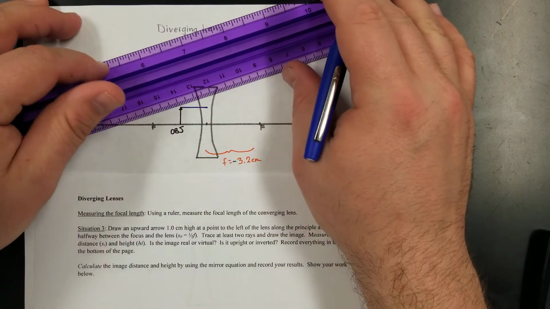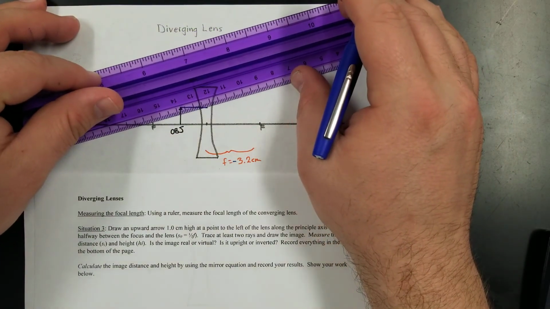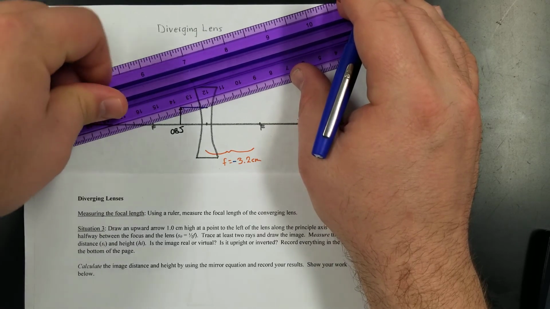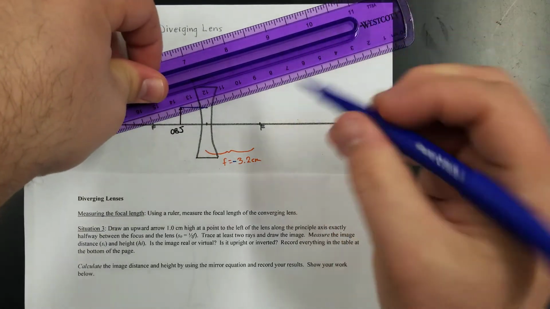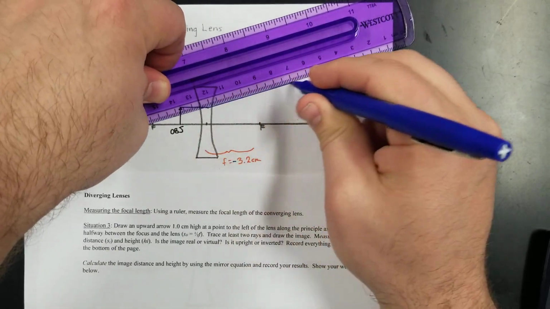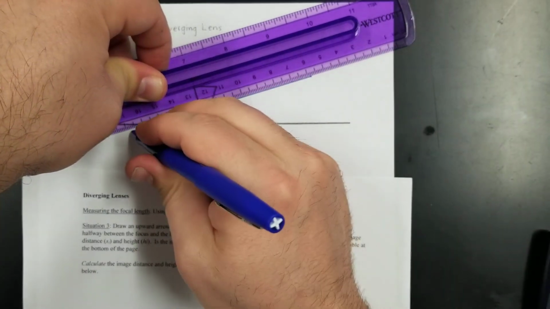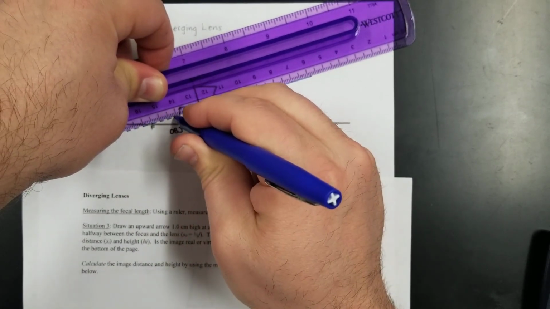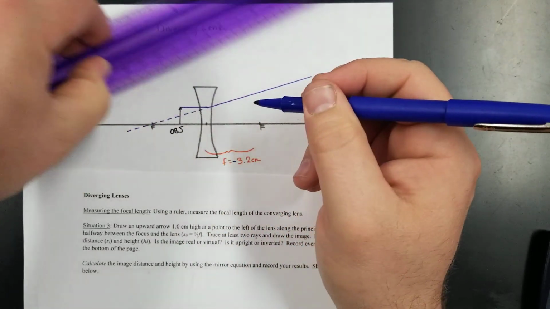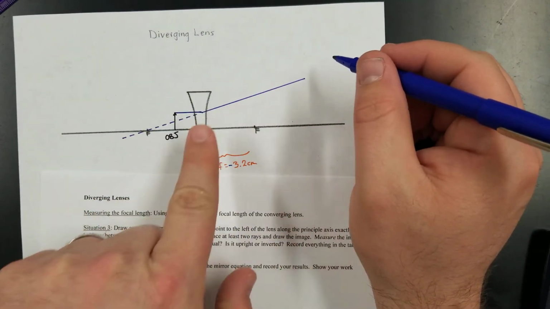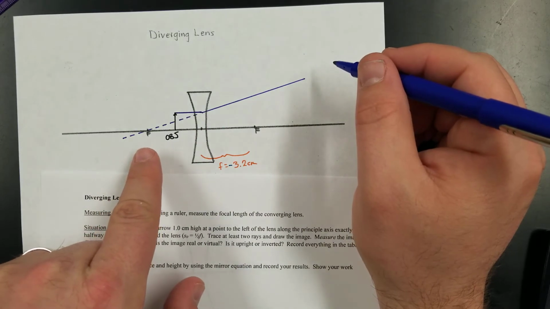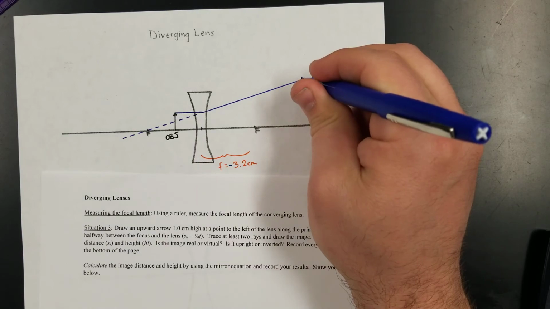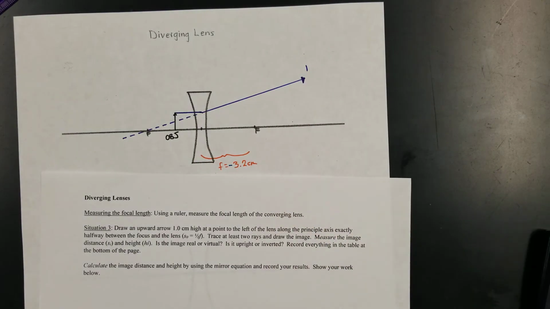So once your ray meets the center of the lens, we turn our ruler such that it lines up with the focus behind the lens, and it goes up and away, up and to the right. Then, to show that it came from the focus, we do a dashed line. This ray refracts away from the principal axis as if it came from the focus right there, and that is ray number 1.